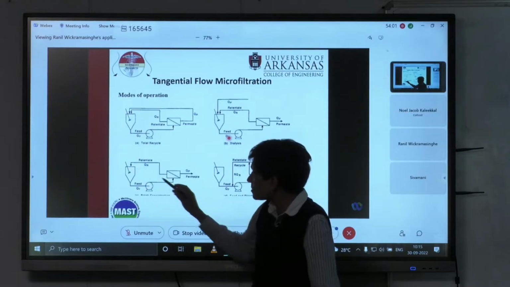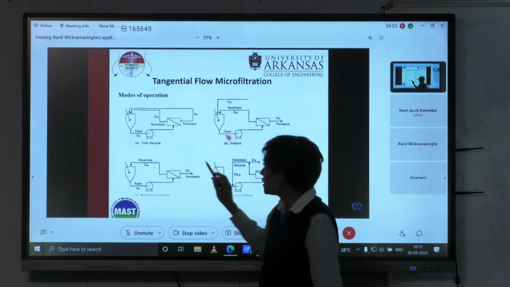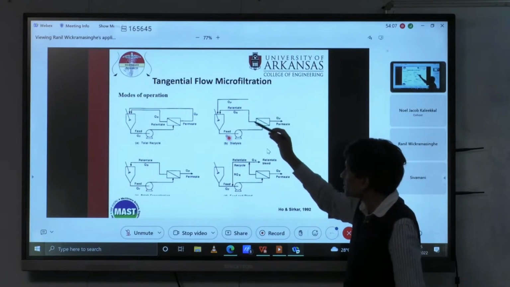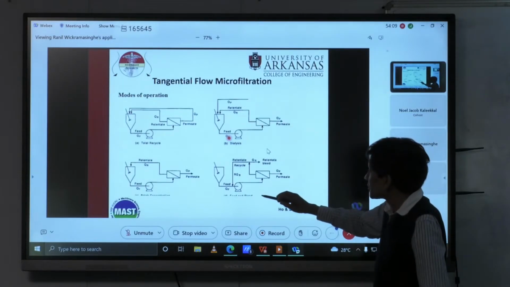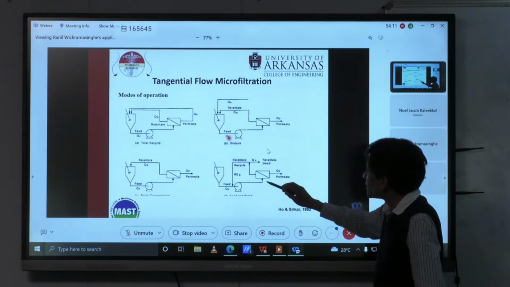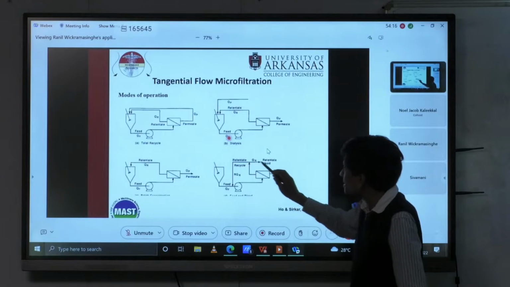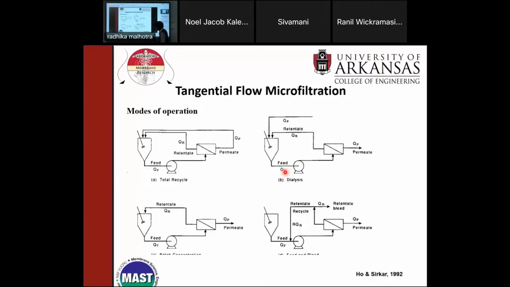Sometimes when you want to concentrate blood, you remove the permeate, okay? We've talked a lot about diafiltration, so you're familiar with the diafiltration process. And then this final one called feed and bleed, where if you look at the feed, some of the retentate comes back, but some of it is removed, okay? So these are modes of operating, and it's all in this book, which I will give you the reference for, okay?